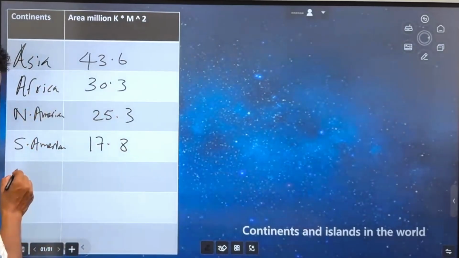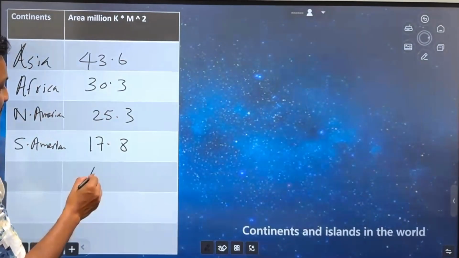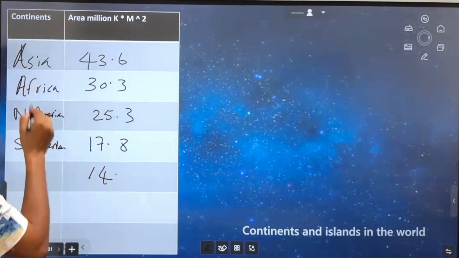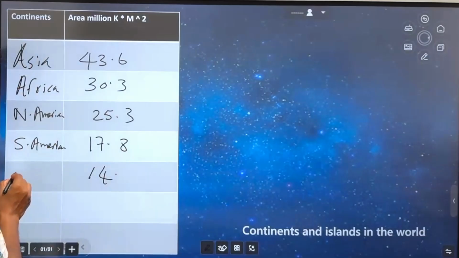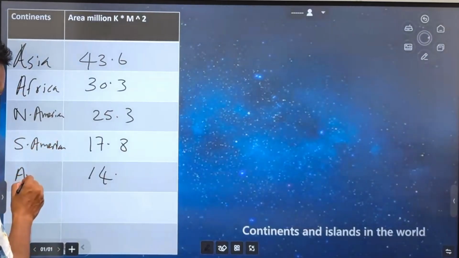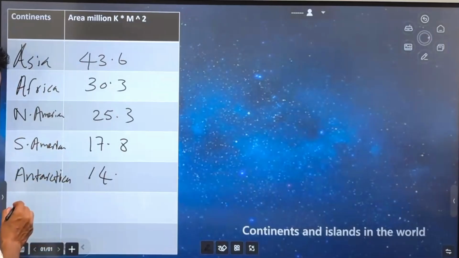Next one. Antarctica, 14 million kilometers. Then another continent.